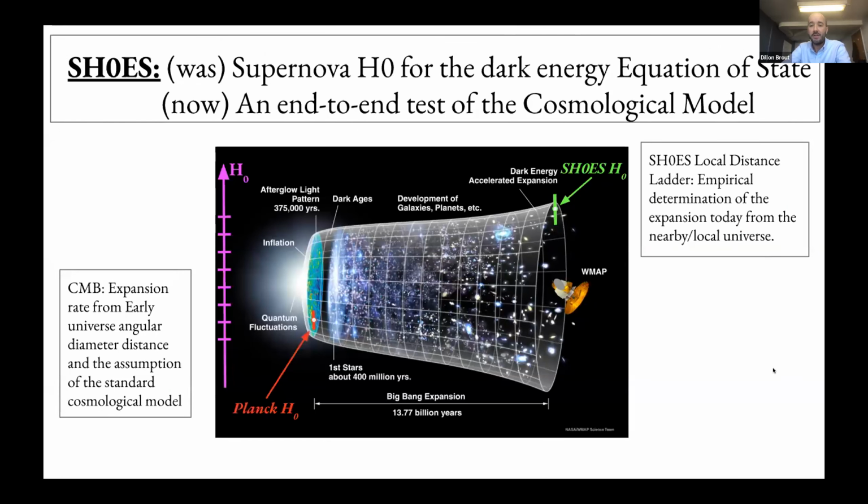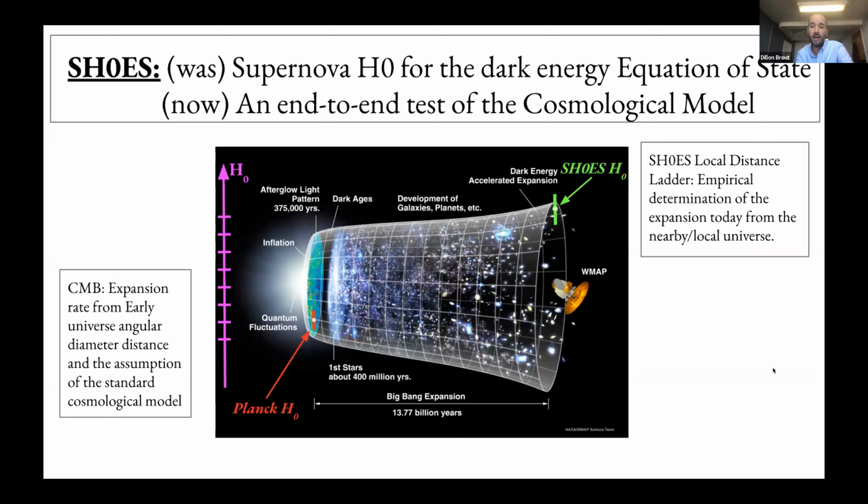Okay, so just to set up the main thing that SH0ES is tackling, I decided to remake this slide recently because we've seen it a number of ways, but I thought this was a really fun way of showing it. SH0ES, which stands for Supernova, H0, for the Dark Energy Equation of State. Well, that's what its initial proposal was called. But really, the most interest on the SH0ES side has come from what we're now calling an end-to-end test of the cosmological model.